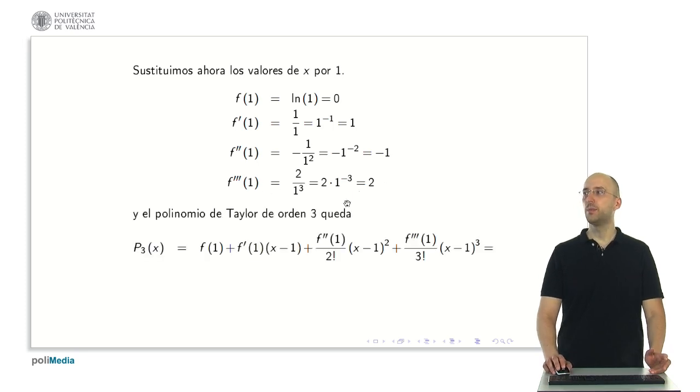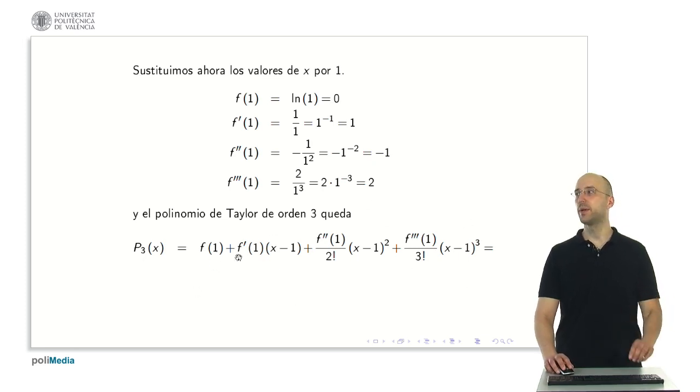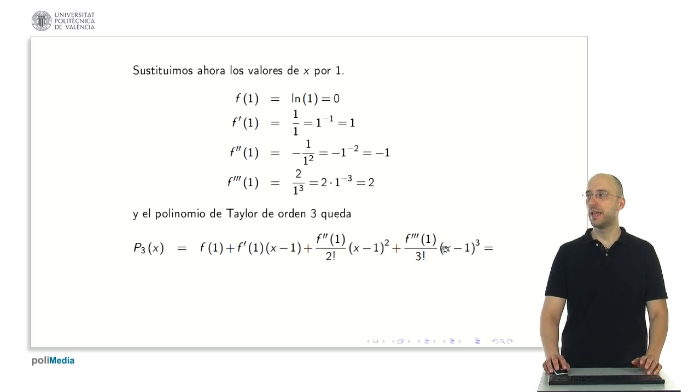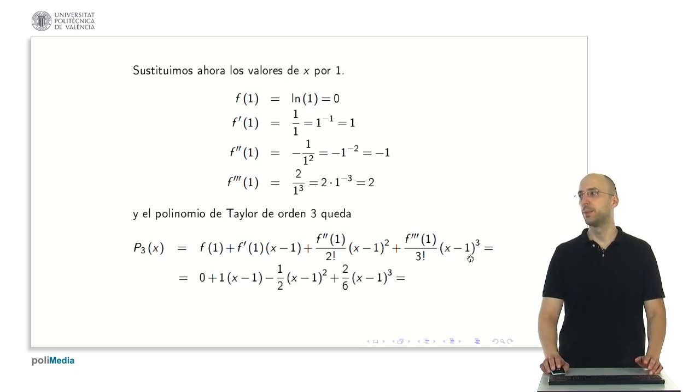Now, what's the resulting polynomial? If I go back to the formula I mentioned earlier and substitute f of a with f of 1, here's what we get. We've reached order 3, which is our maximum order. So, let's do the substitution. For f of 1, we put 0. For f prime of 1, it's 1. F prime prime of 1 becomes minus 1, and f prime prime prime of 1 is simply 2.